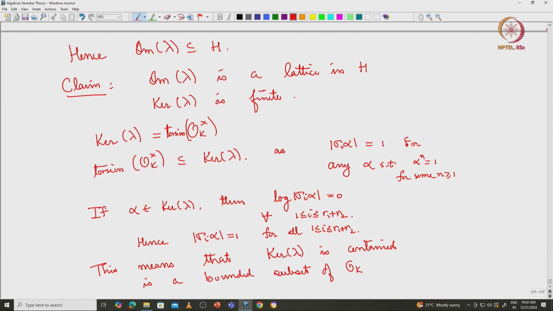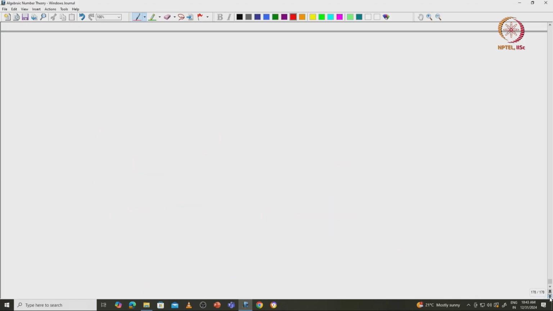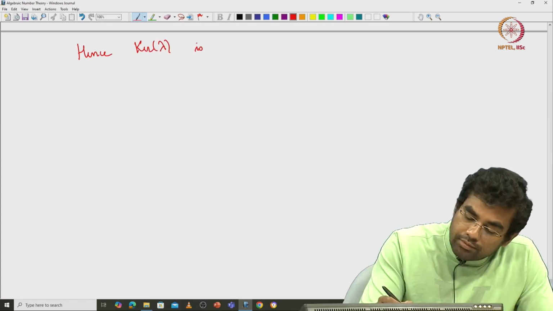Because how did we show that OK was a lattice in R to the power n? We just used this map which sends alpha to sigma I alpha and sigma I bar alpha, and we showed that OK is a lattice in that. So, now we get that the kernel of lambda is a bounded subset in this lattice, hence the kernel of lambda is finite.